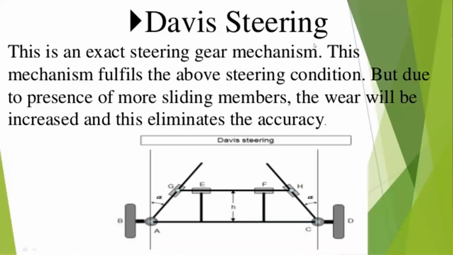Next, you can see the Davis steering mechanism. This is an exact steering gear mechanism. This mechanism fulfills the above steering conditions of the Ackermann steering and the center point steering position of the automobile vehicle.